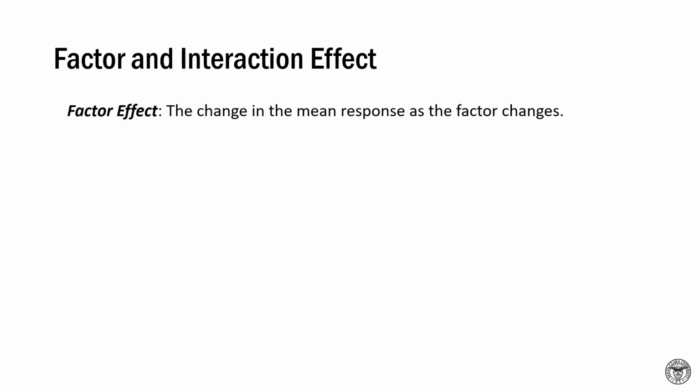Factor effect and interaction are two important concepts in the analysis of a two-way factorial experiment. In this type of experiment, we simultaneously study the effect of two factors, such as temperature and pressure, on a response variable such as yield. The factor effect refers to the change in the mean response as one of the factors changes.